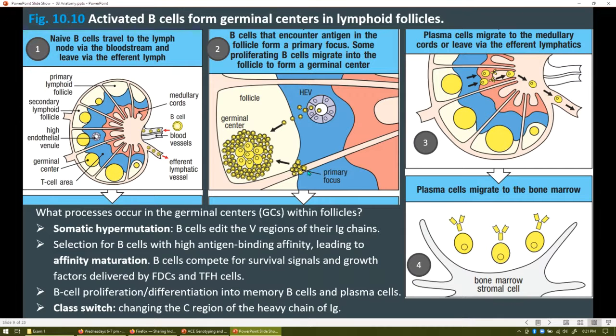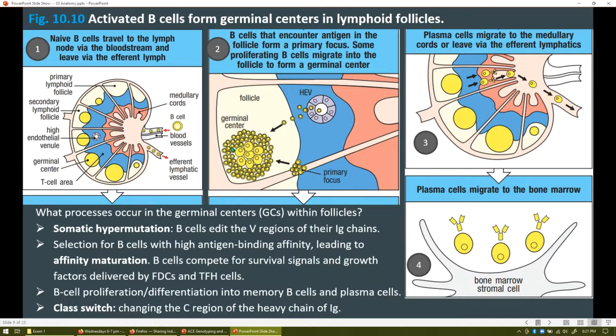So a primary focus is a little group of B cells that have encountered antigen and begin making IgM. That IgM is not going to be terribly high in affinity, and it's only going to be made for a few days.